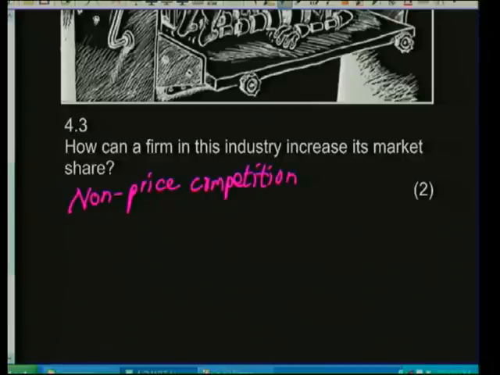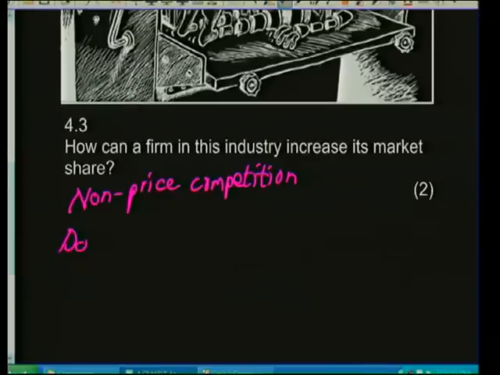So if you write non-price competition, you should get your 2 marks. I suggest that you actually write an example as well. Non-price competition could include something like door-to-door sales, it could also include anything that makes it attractive to the consumer.